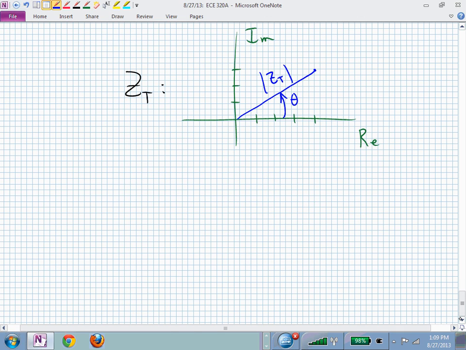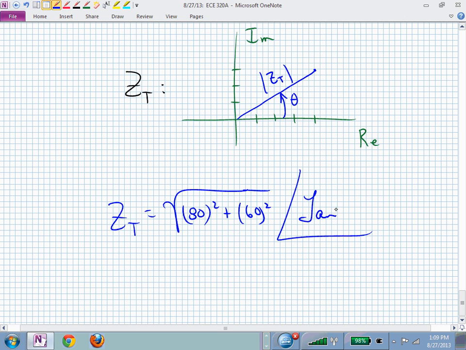Z sub t is now this square root of real part squared plus imaginary part squared at an angle that has an inverse tangent of 60 over 80, or the inverse tangent of 3 over 4. And you can sort of visually see what that angle is.